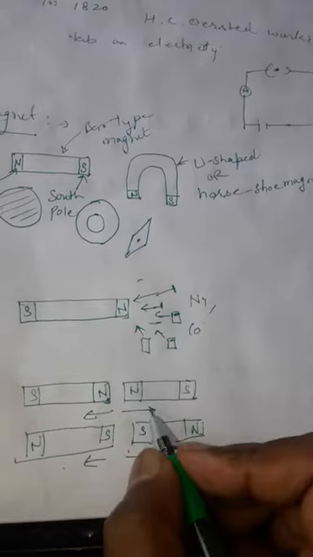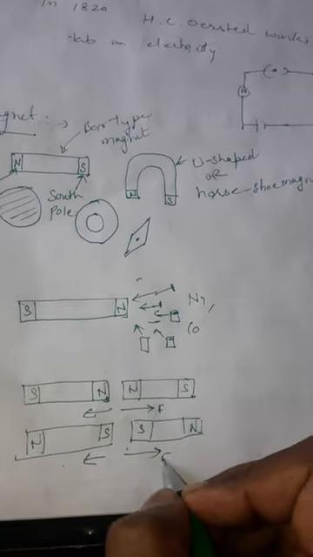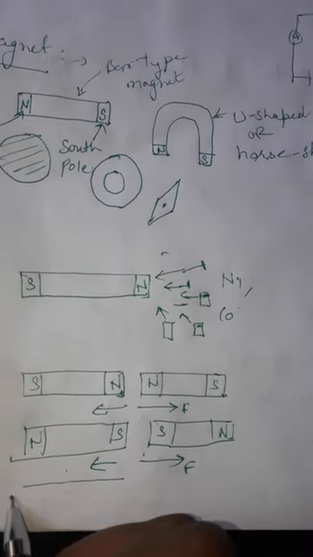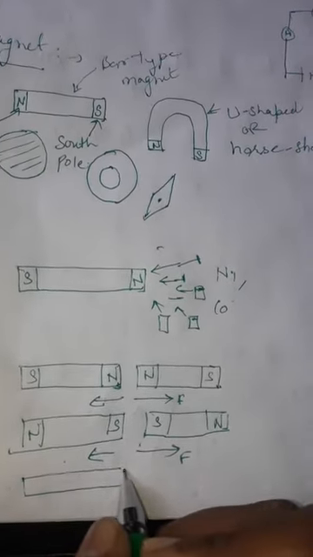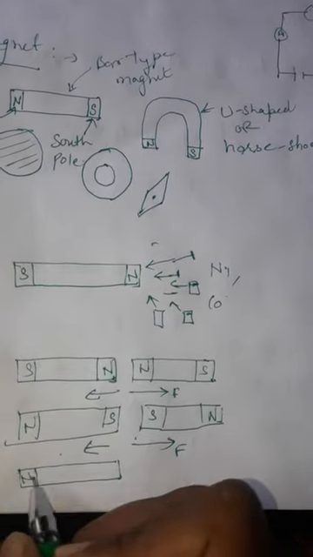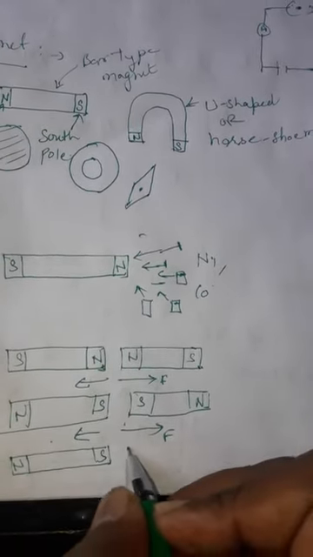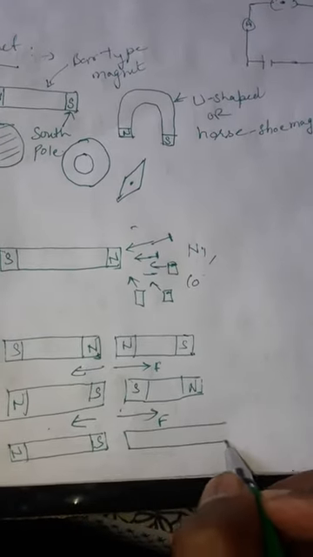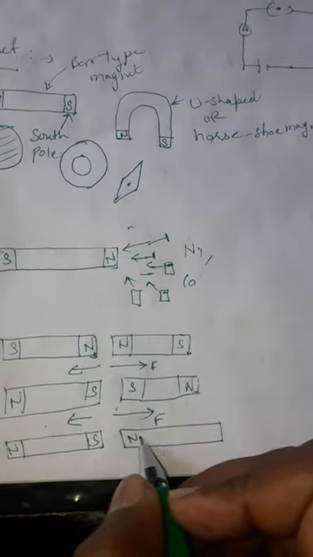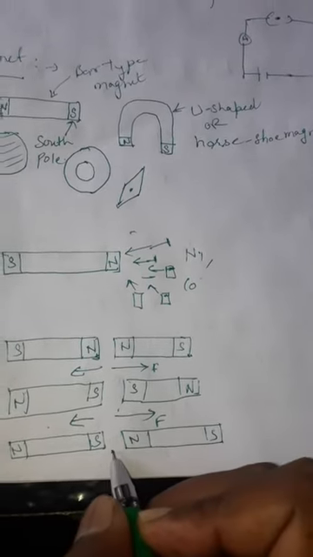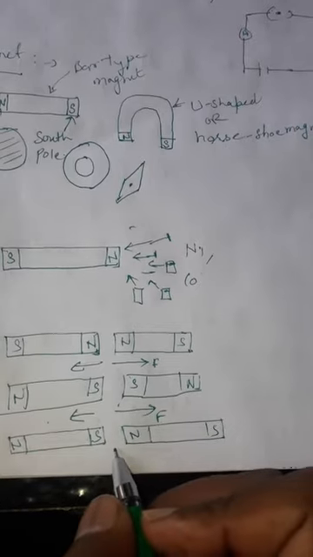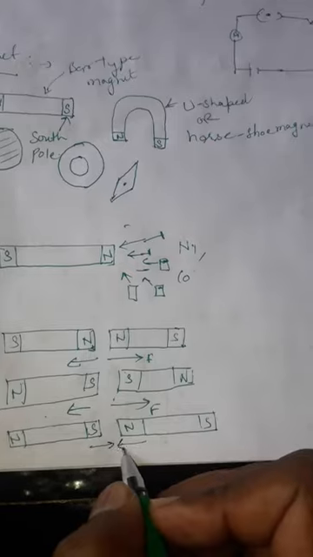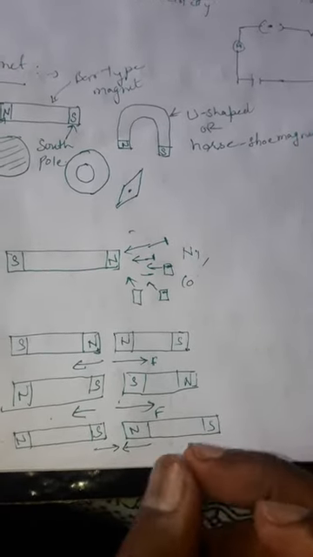But if you place the magnets with opposite poles facing, the south pole of the first facing the north pole of the other, the magnets attract each other, so the force is inward, or attractive.